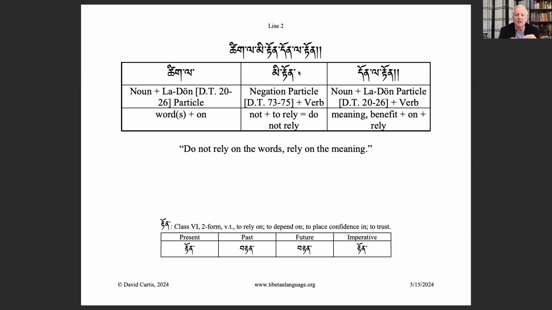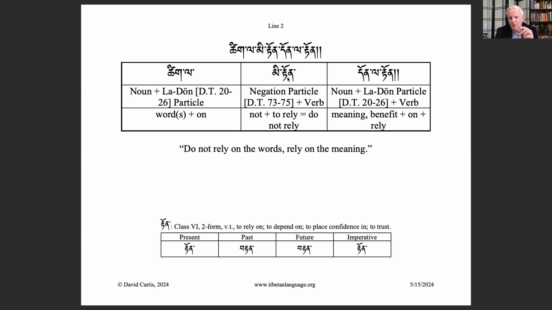So Sikla Mitun. You see how it's following the pattern of line 1. Instead of don't rely on the individual, now we're saying word on don't rely. Don't rely on the words. Don't be a literalist, right?